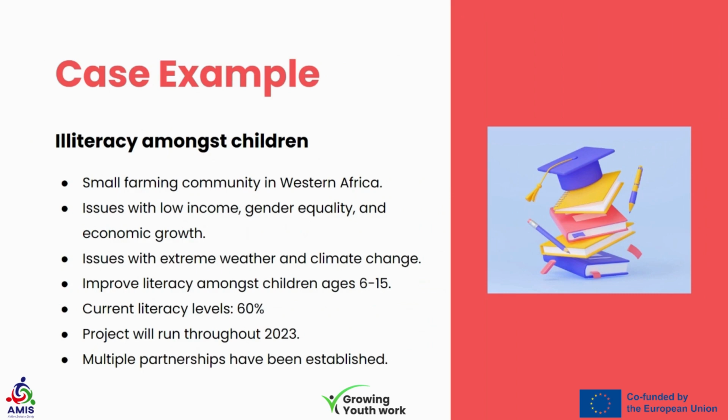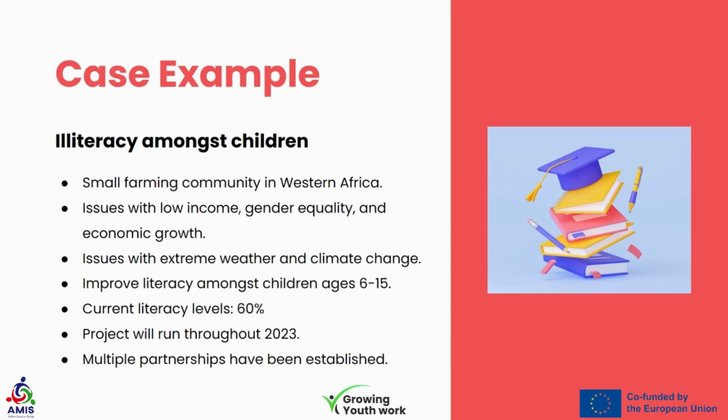We want to create a program to improve literacy amongst children ages 6 to 15 by increasing the quality of learning materials and the skills of teachers. Currently, the level of literacy is at 60%.